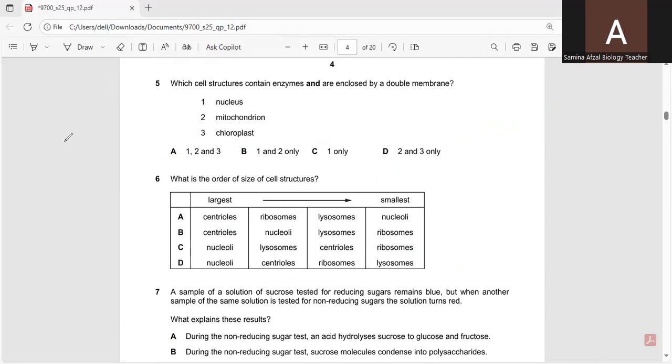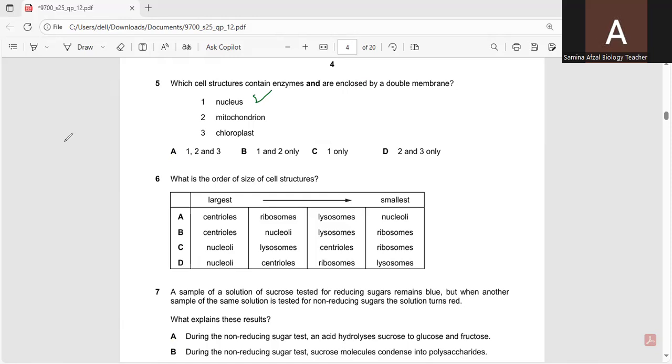It has a double membrane. This is confirmed. It is enclosed by the double membrane, which is called the nuclear membrane. It contains enzymes, because it has to perform functions, for example DNA replication. So enzymes are present, and it also has the double membrane.